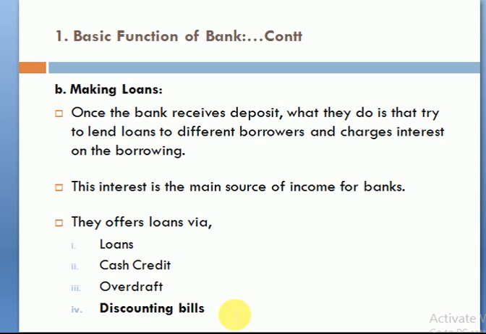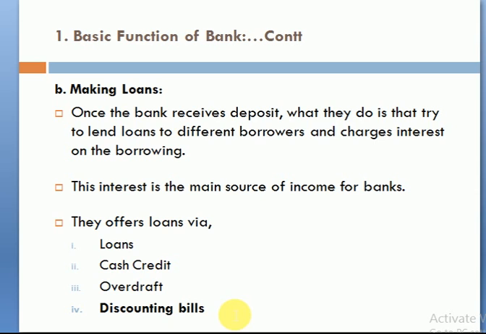So the bank will give you less than 1 lakh, like 99,500 or 800 or 900, and when the maturity date of this bill comes, the bank will cash this bill and take $1 lakh from me.